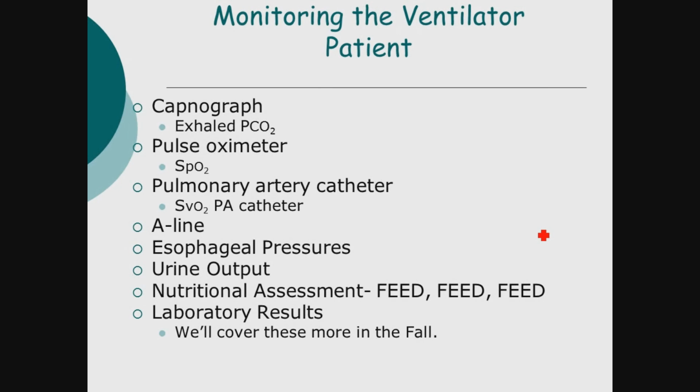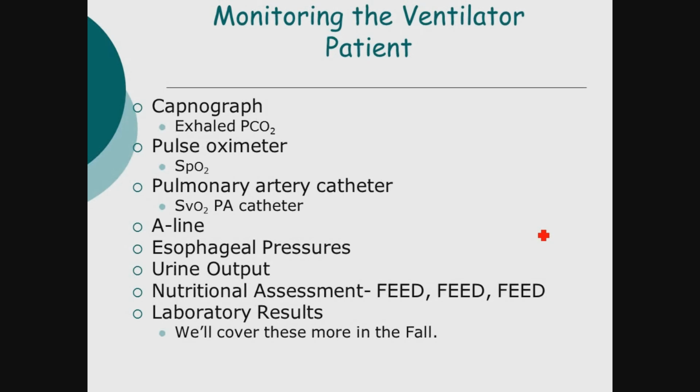Esophageal pressures, we don't utilize a lot, although there is some great technology out there to be able to use not only the esophageal points of trigger, but they have special nasogastric tubes that have sensors on them that we can use to have triggering happening, something called NAVA that Mary will talk about.